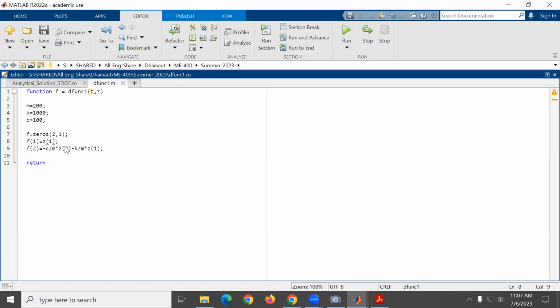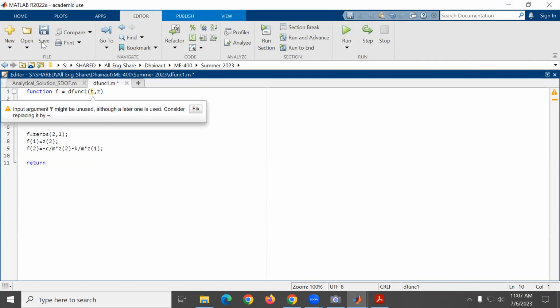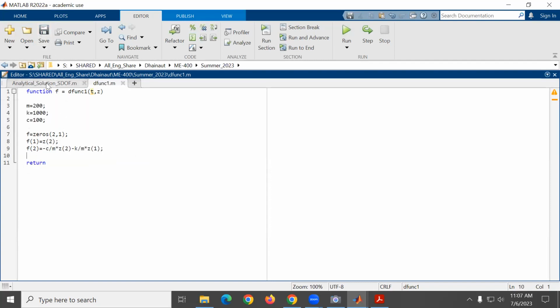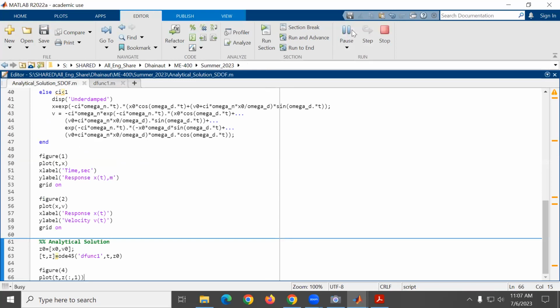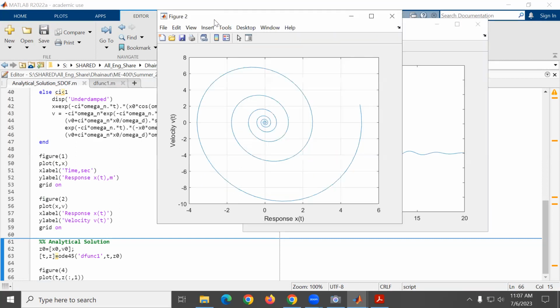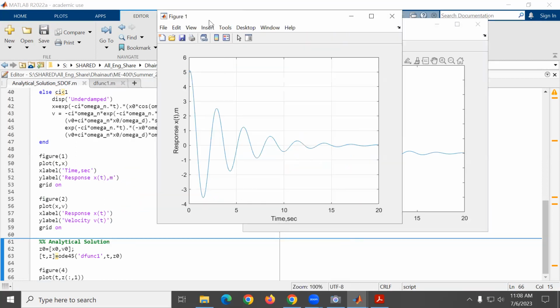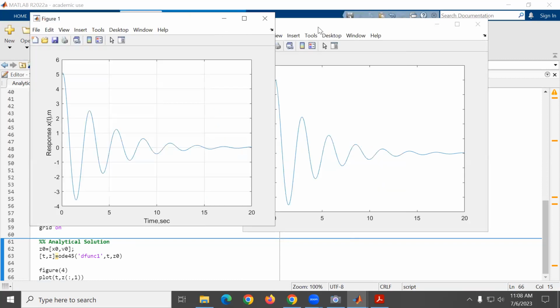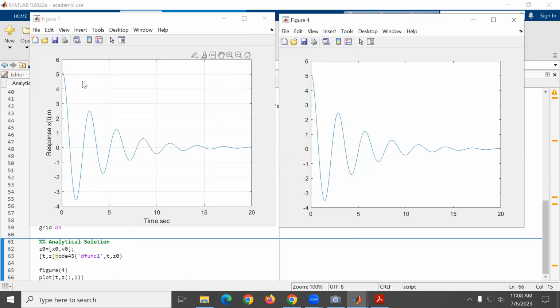F1, here we go, should be Z2. Yeah, F1 should be Z2, and see how that works. You see, this is the response. This is the same as figure 1, no? Almost. This is the analytical, this is the numerical solution.